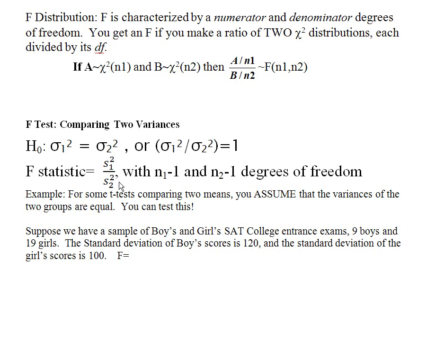Now, let's go back and look: why is that the same as A over degrees of freedom, B over degrees of freedom? You have to think about how you calculate the sample variance. It's a chi-squared, the sum of (xi minus x bar) squared, divided by n minus 1 degrees of freedom.